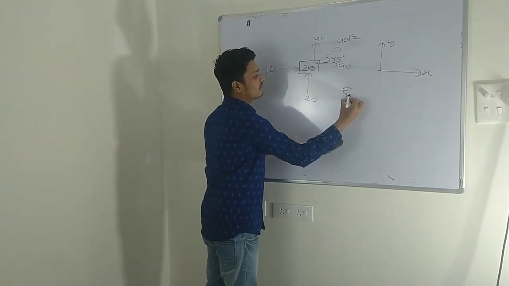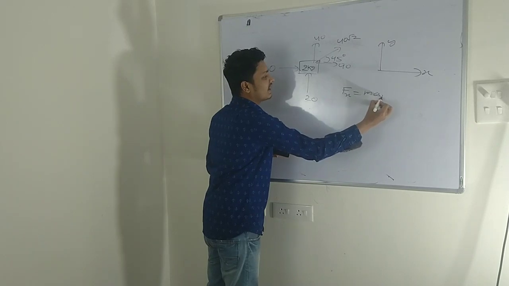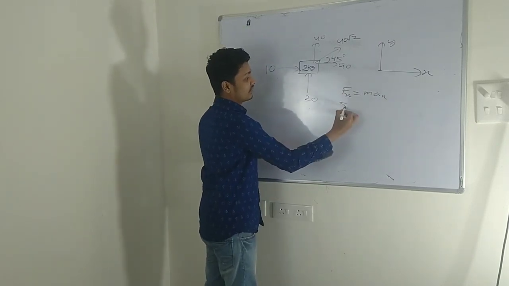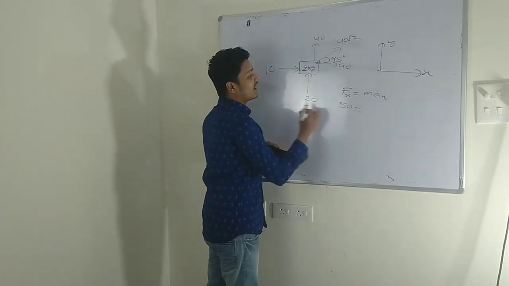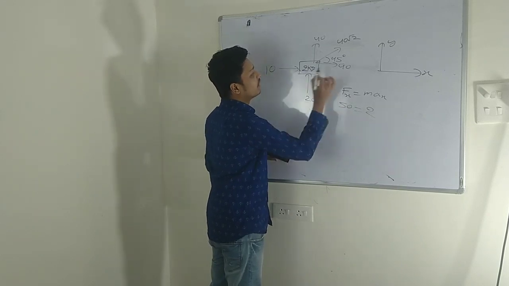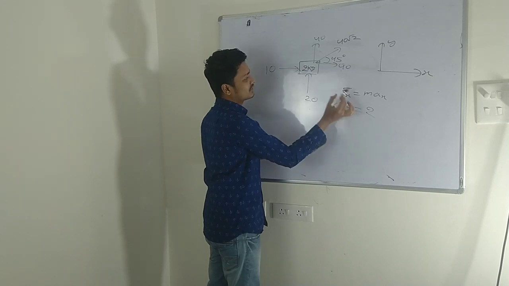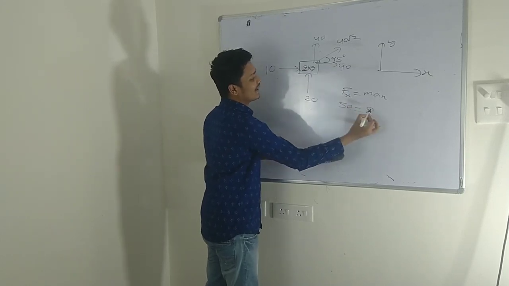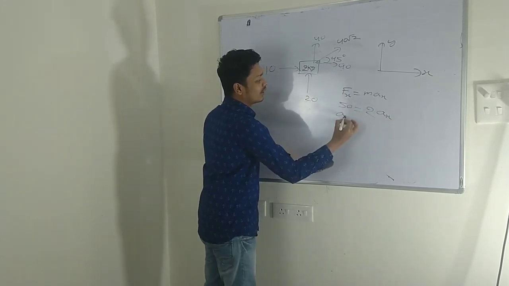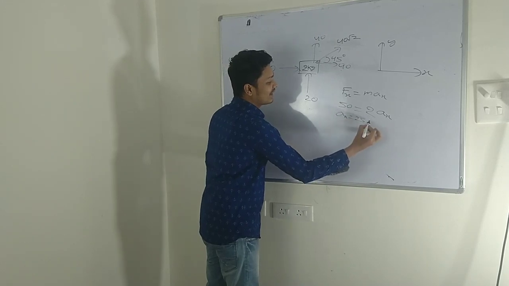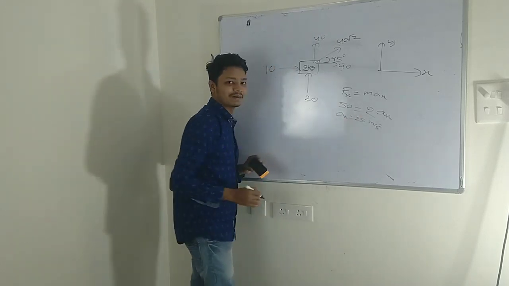I will write Fx is equal to m times ax. That means 50 is equal to mass 2 into acceleration ax. So acceleration is 25 meter per second square.